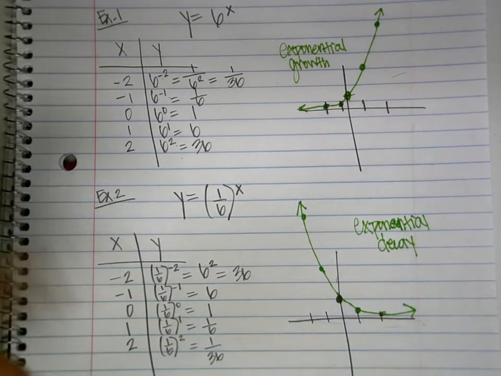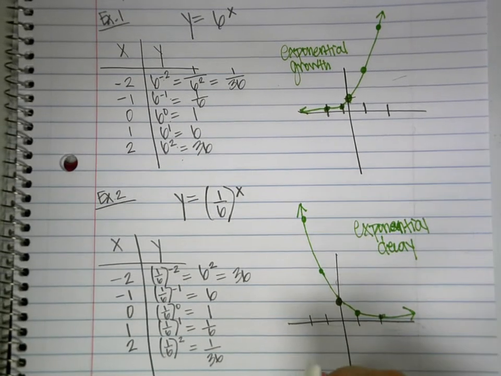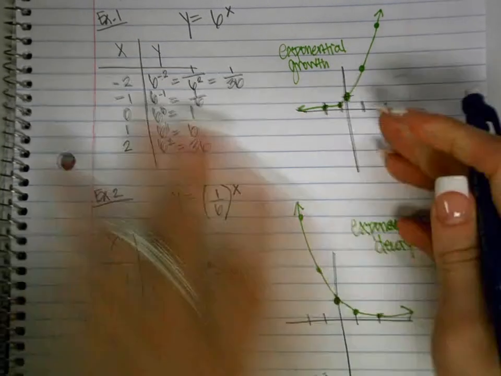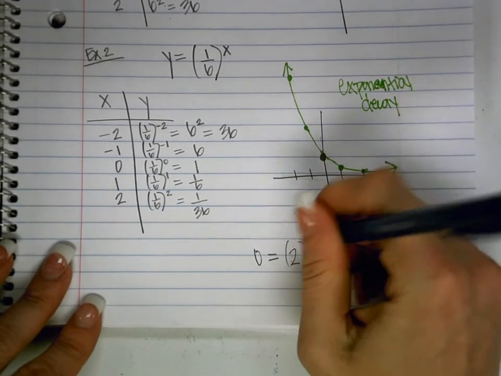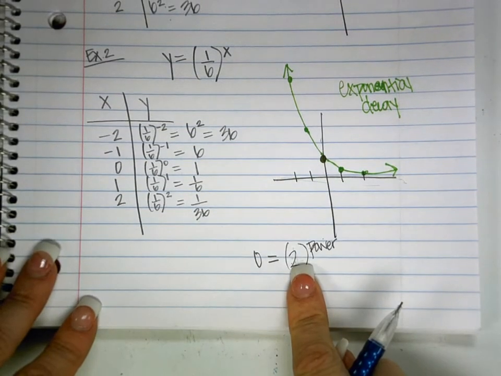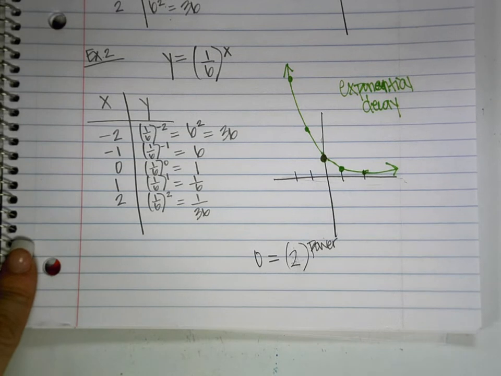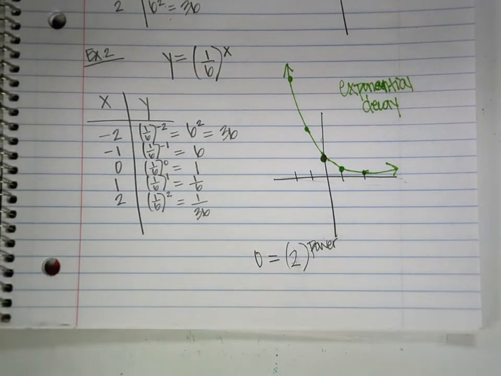Say I have a 2. Is 2 to any power ever going to equal 0? It never happens. It can get smaller and smaller because it can get really, really close to 0, but it never touches. That's a really good question. Keep in mind that it never touches.